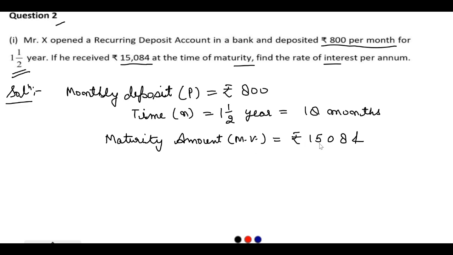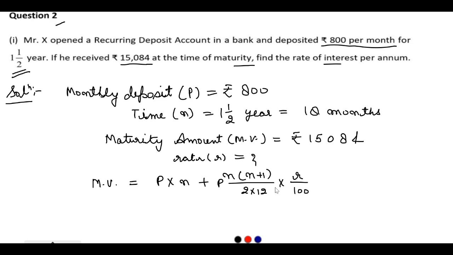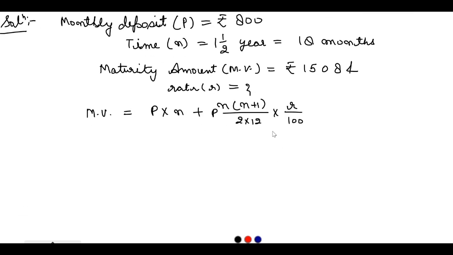Maturity value is 15,084 rupees, and we have to find the rate R. Now apply the formula for maturity value, that is maturity value is equal to Pn plus Pn, n plus 1 upon 2 into 12 into R upon 100. Put the given values and find the value of R.